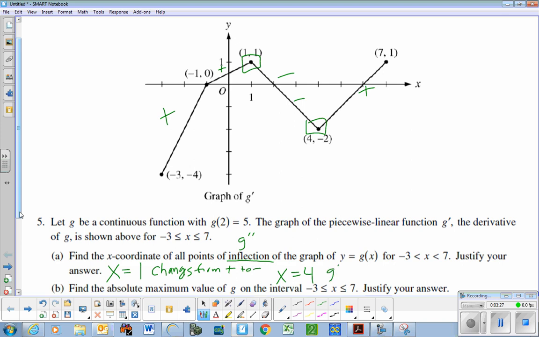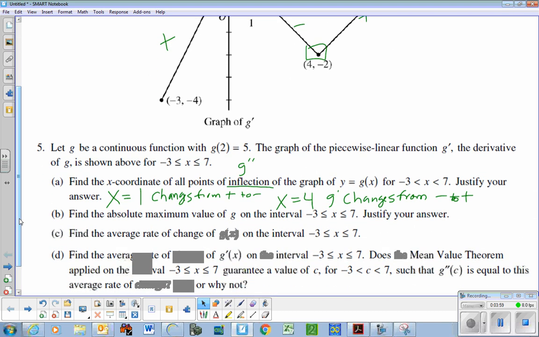G prime changes from negative to positive. So that would be your answer to the first question. That's it. That's all you have to do. If you do those steps, you'll have all your points. Pretty simple.